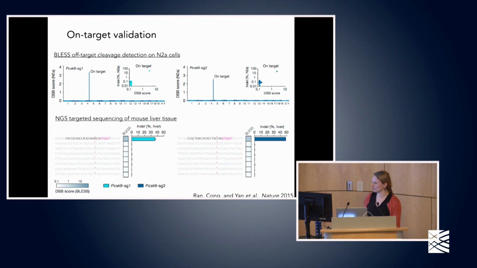Then after injecting the mice with virus, they harvested liver tissue and did targeted NGS sequencing of this tissue at the on-target and predicted off-target sites from the BLESS assay. They found targeted DNA cleavage and little to no off-target cleavage.